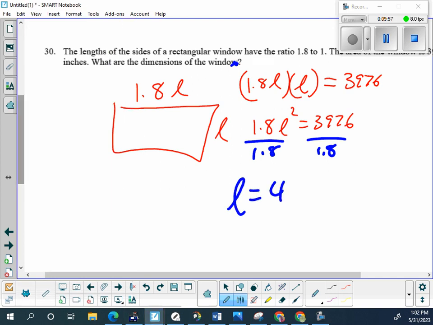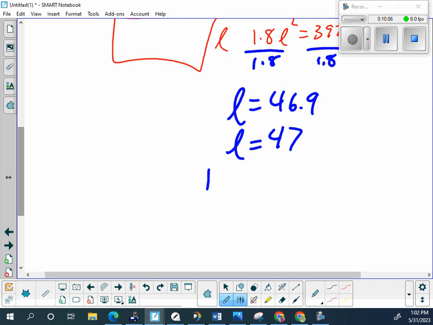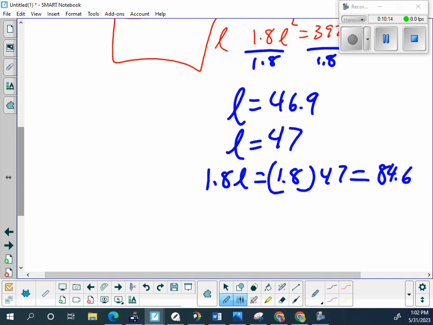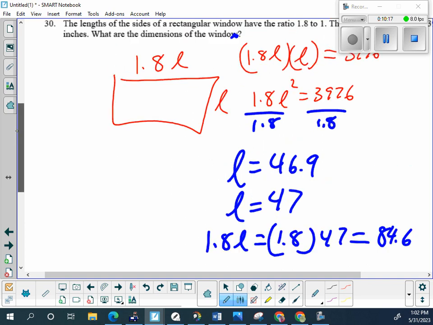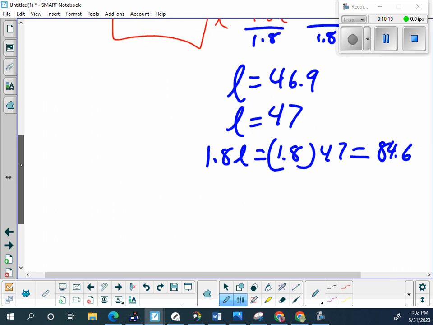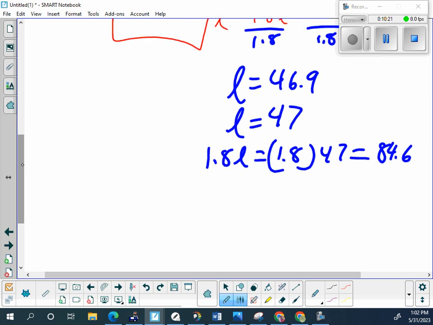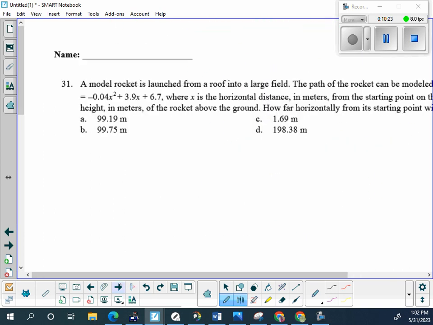So L equals 47. And then to get the other side, I'm just going to do 1.8L, which is 1.8 times 47, and that's going to give me my other side, which is 84.6. Again, this is a multiple choice question, so you can see the answer. Not too bad. Moving on.